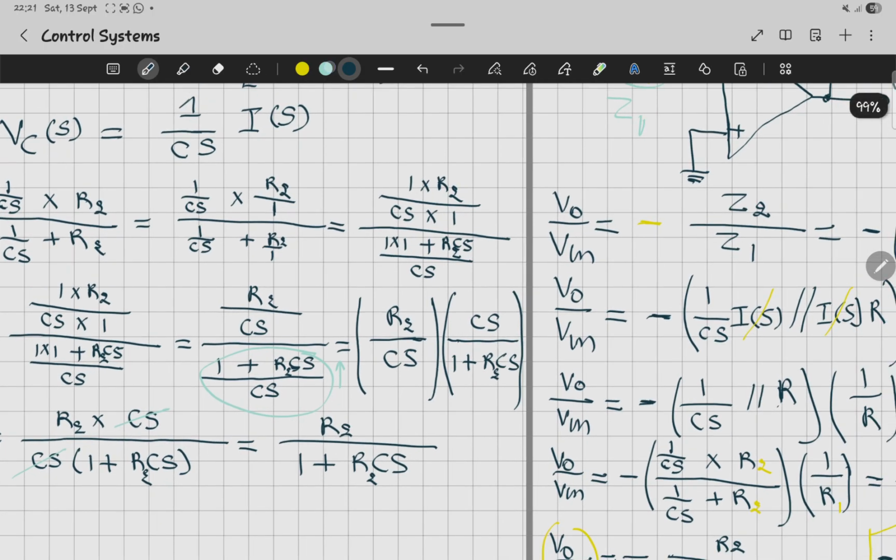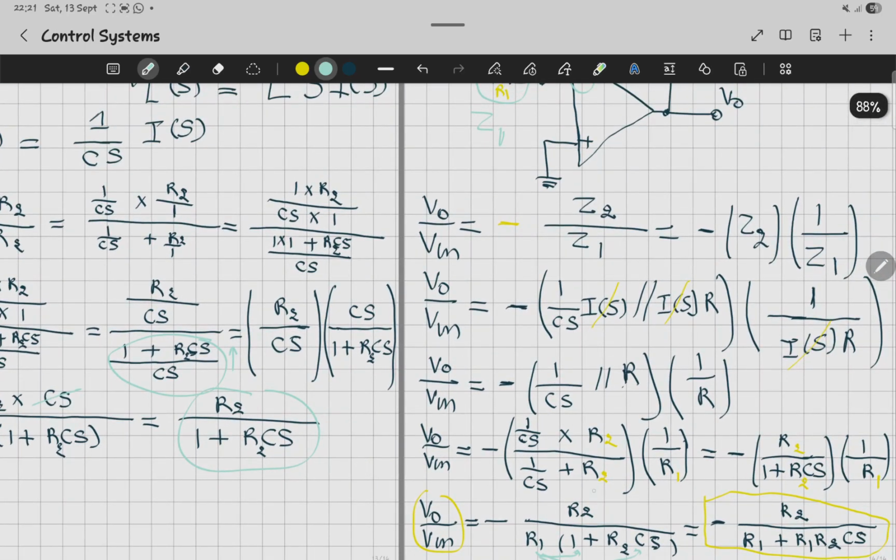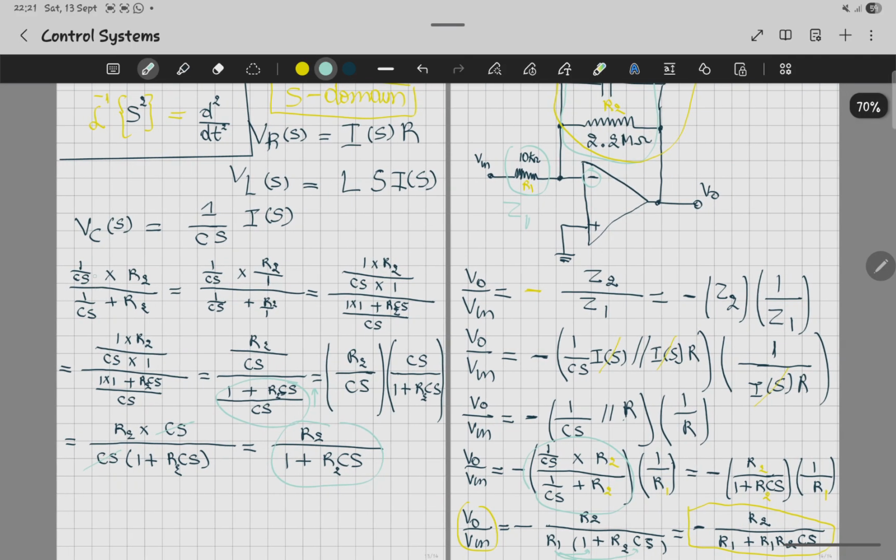So we got this one. This is what we got, and then we place it back. We replace this one, because this one is what we have. So we solve this one, we got this one. Since we got this one, we have replaced it here, and then continue solving the rest of the equation.